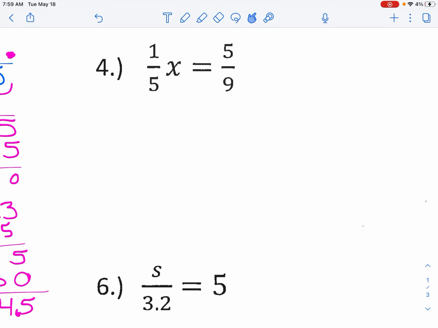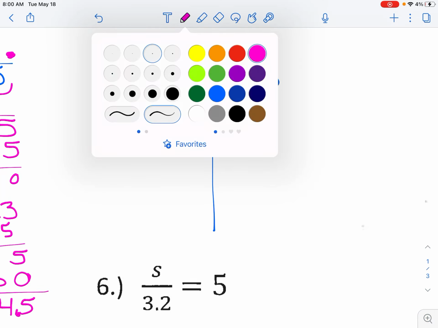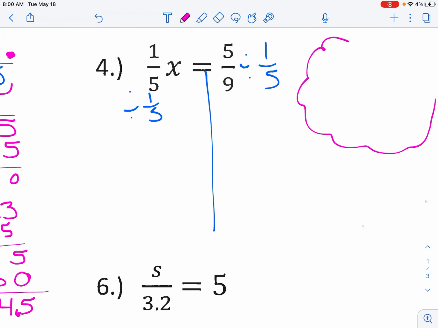1/5 times what equals 5/9? So this one's a little bit different. You got to think about what this means. 1/5 times what equals 5/9? Well, we know the opposite of multiplying by 1/5 is dividing by 1/5. So I'm going to show you what I'm thinking in my head out here.